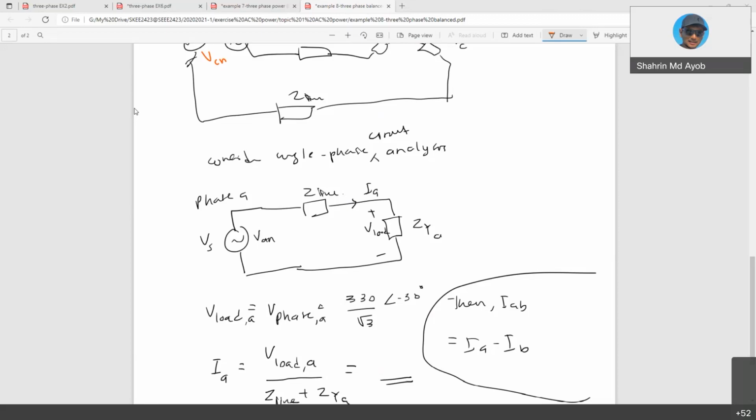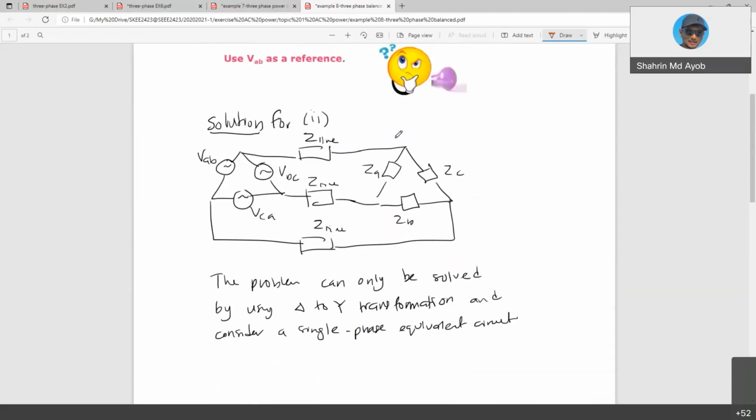Yes, only for delta, because we want to have the neutral point. We want to have the VAN and then the load phase and so on. Usually for the load, for example here, this is your line load, ZA.